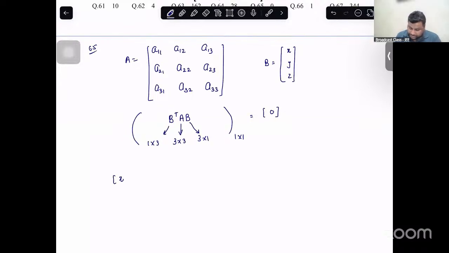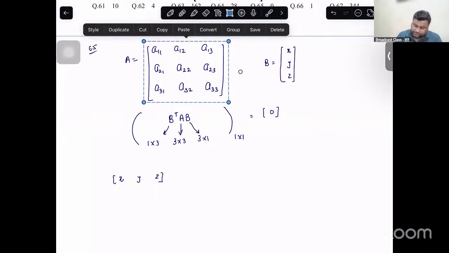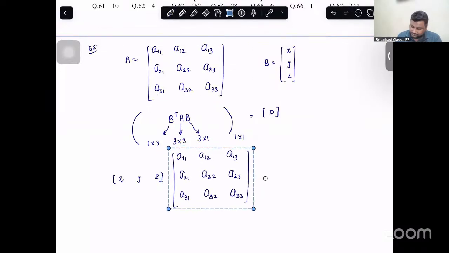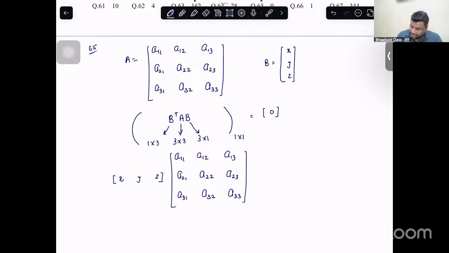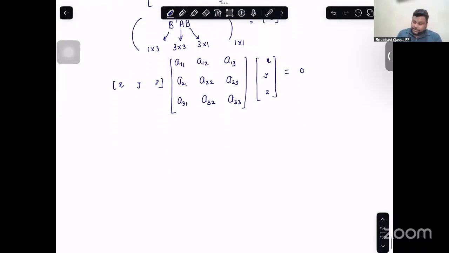Let it be X, Y, Z. Then this entire A has to be here. Then again a column vector X, Y, Z, and it has to be 0. Now, what is this product going to be? First row, first column: X times A11, Y times A21, Z times A31.